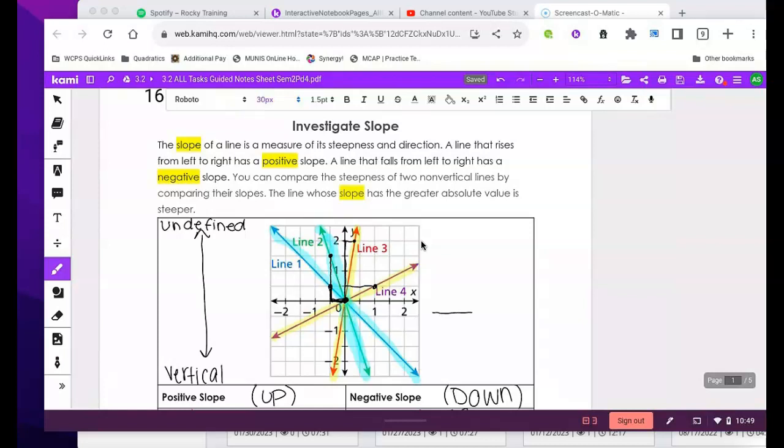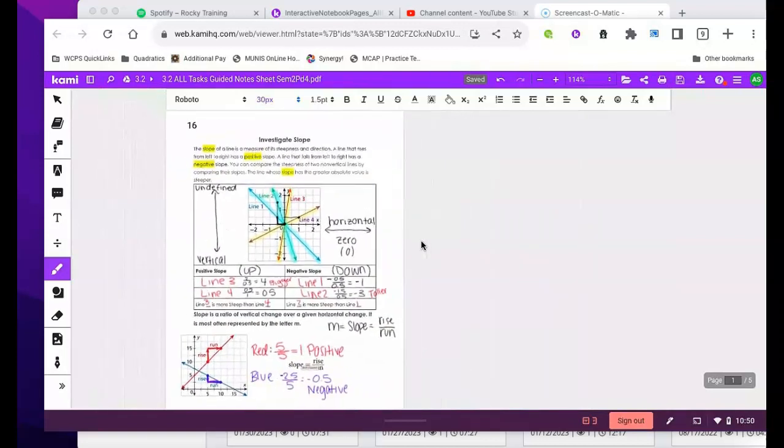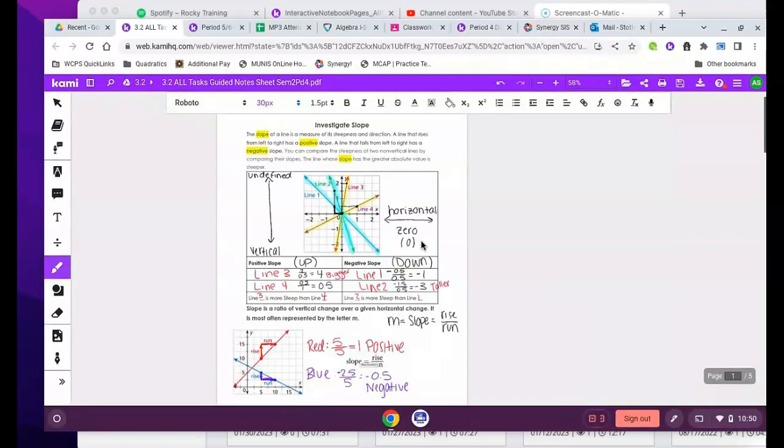And then we have one more type of line. These are our horizontal lines. And our horizontal lines have a slope of 0. Okay, so you'll be deciding whether or not the line has a positive, negative, undefined, or 0 slope. And then for some of the graphs, you're going to identify what exactly the slope is of each line by finding the rise over the run.